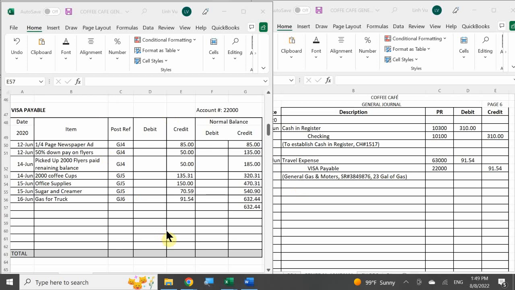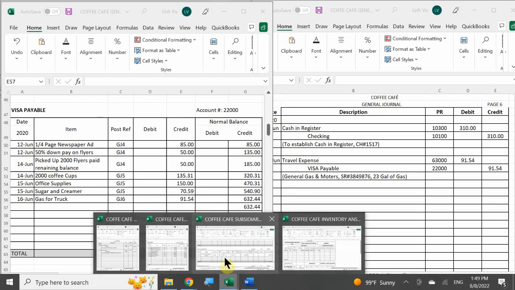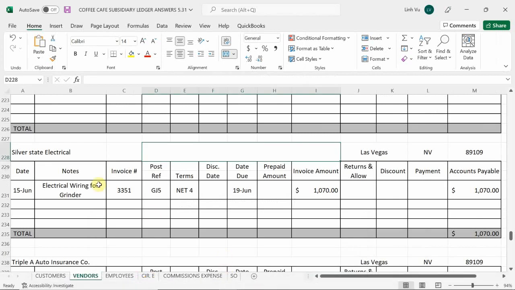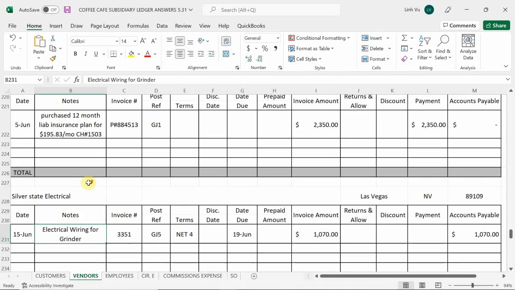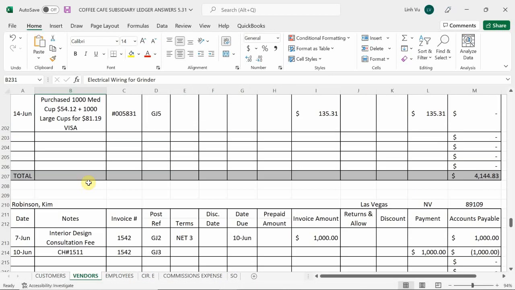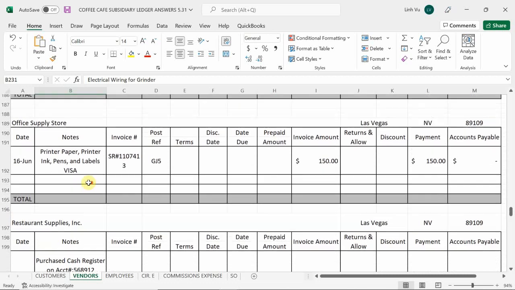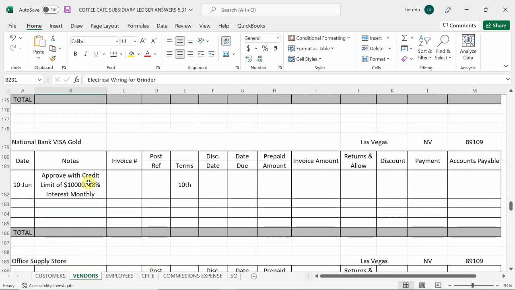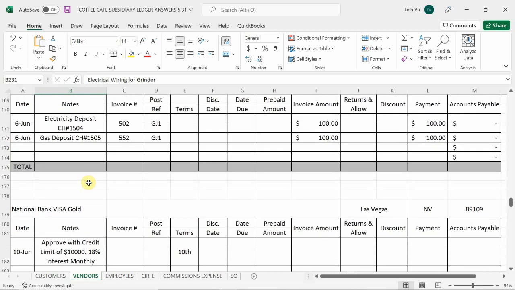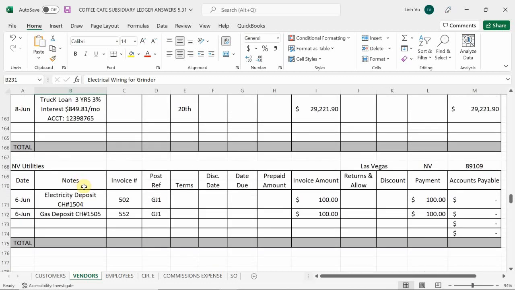Okay? Now, is this in our subsidiary ledger, because it's kind of an odd expense? It wouldn't be in the vendors or anything. Yes, I didn't know if you put it in there or not.